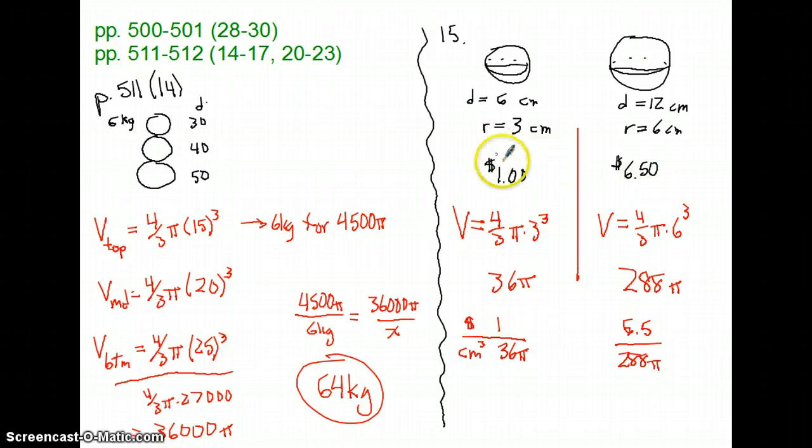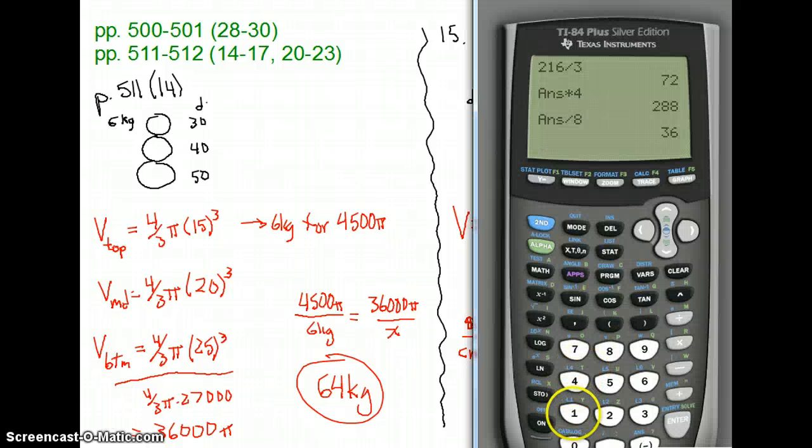Again, the method of similarity where you go, it should be 8 times as much because it's 8 times as much volume, I think it's way easier. 1 divided by 36 pi is really easy to mess up. So each cubic centimeter on that one, see, it's this tiny little decimal.